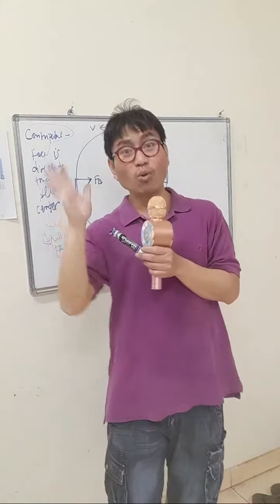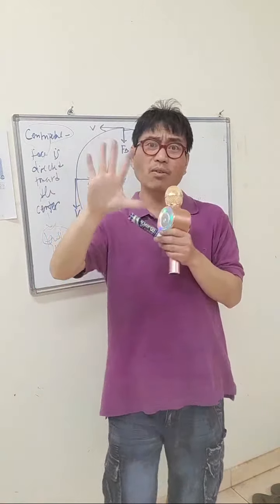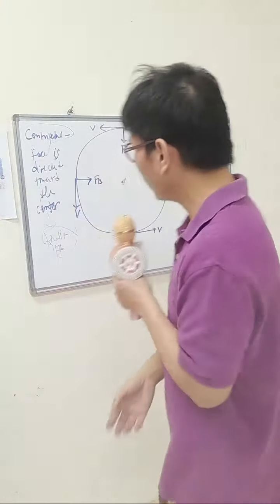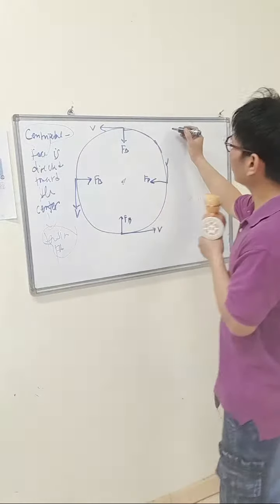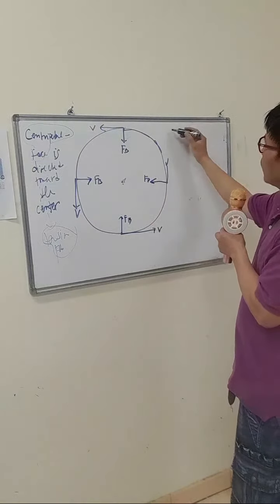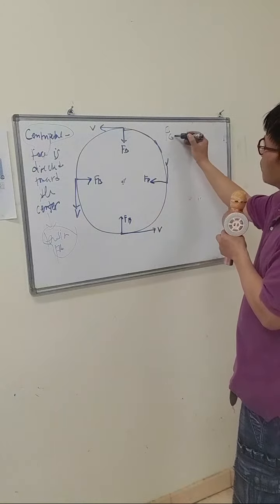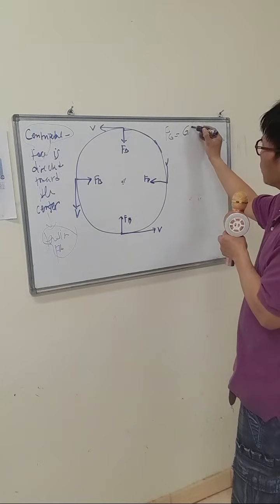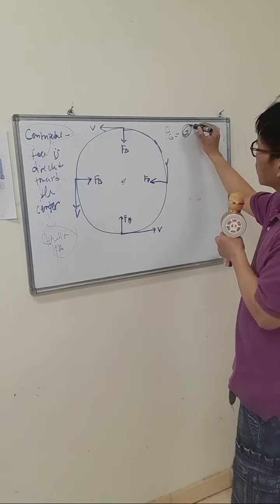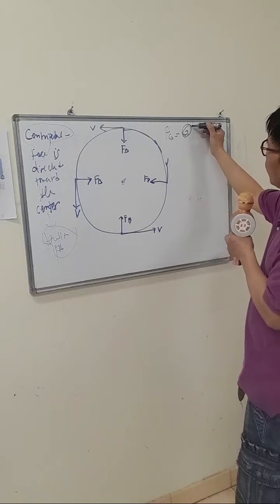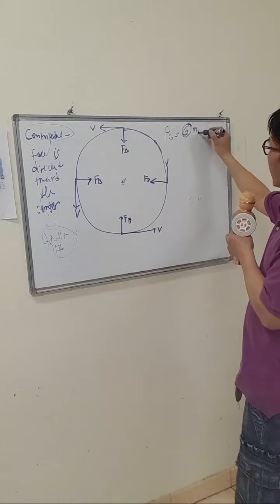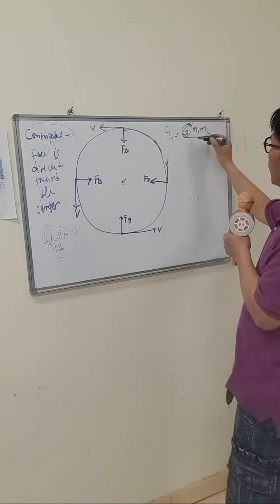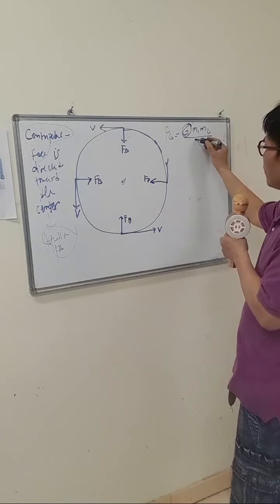That's why it is analogous. Analogous means similar. It depends only on how you understand it, quantity to quantity. In outer space, gravitational force is equal to capital G, the gravitational constant from Newton's law, times mass 1, mass 2 over the distance raised to the power 2.